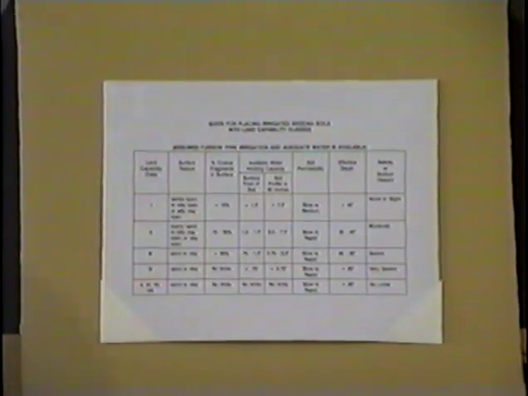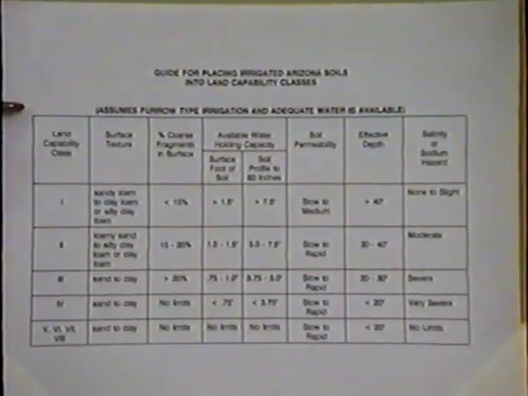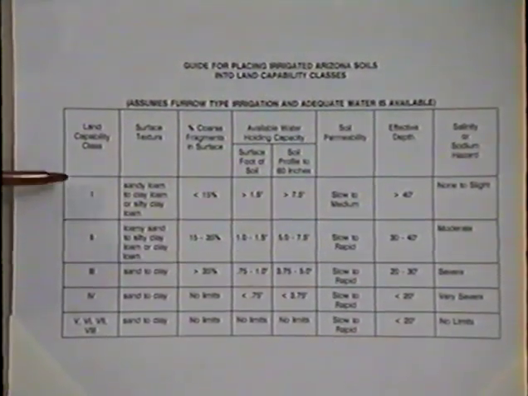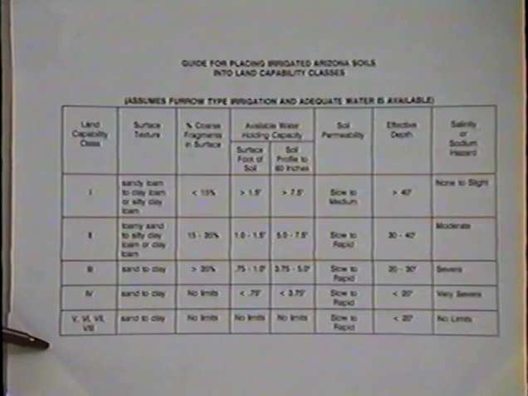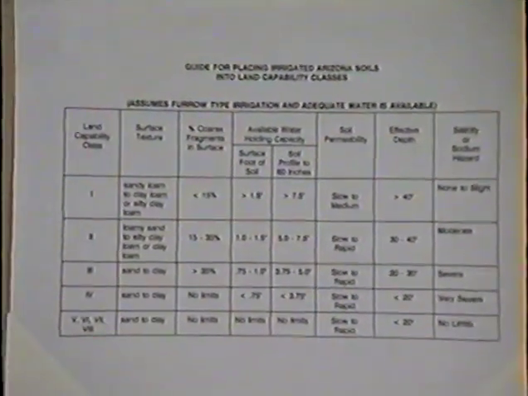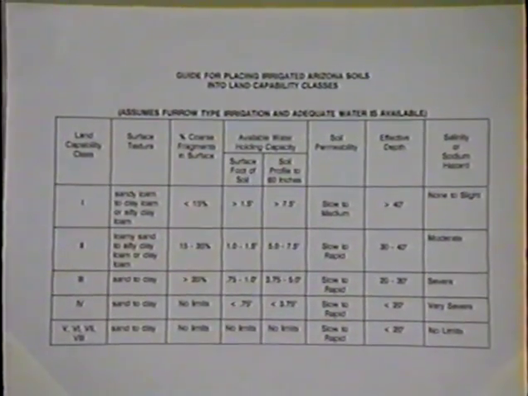All of the things we've talked about so far are in table form. I know this is too much information to deal with at this point, but this would be available to you, and you need to consider all of that information together and make a decision about the suitability of the land for growing cultivated crops under furrow type irrigation.